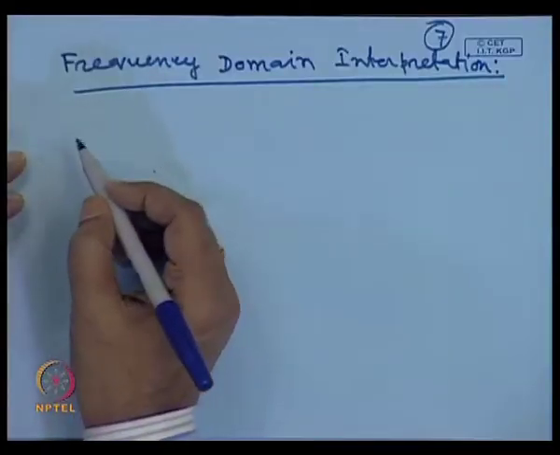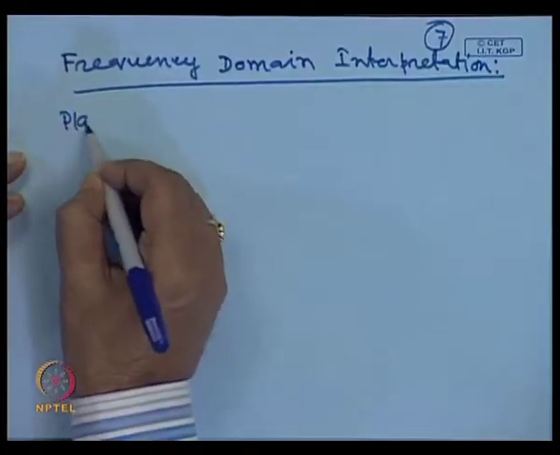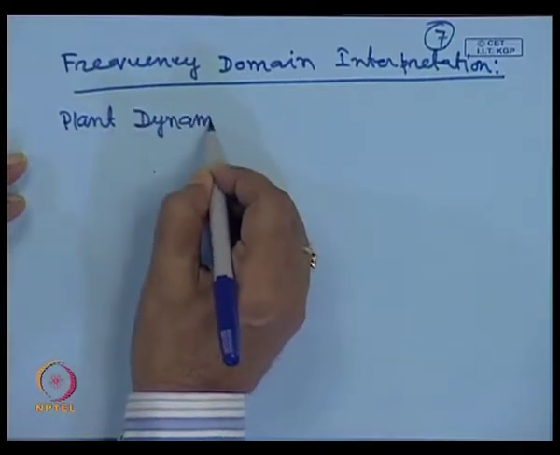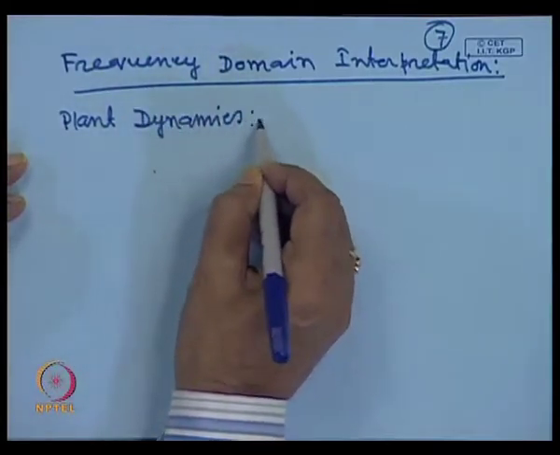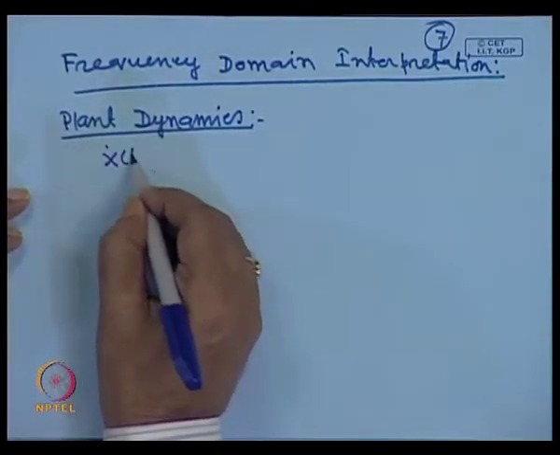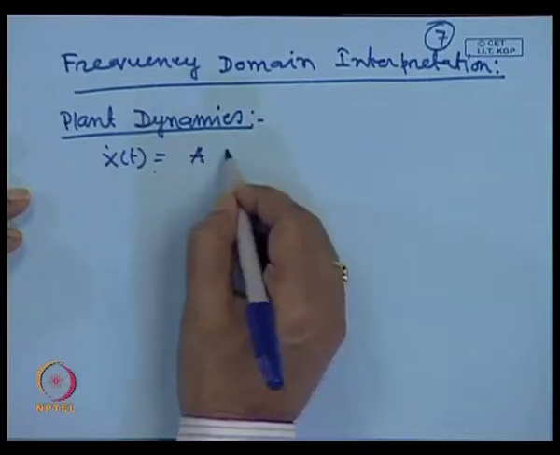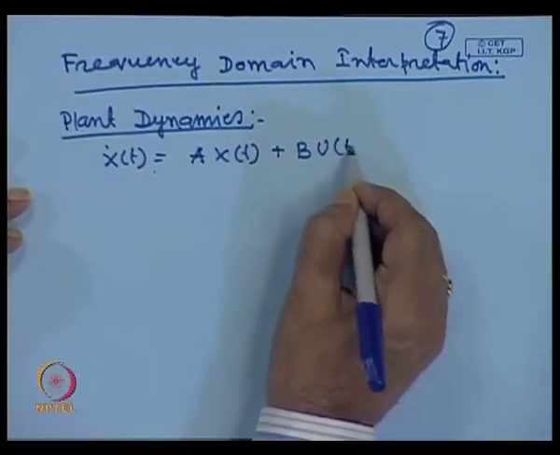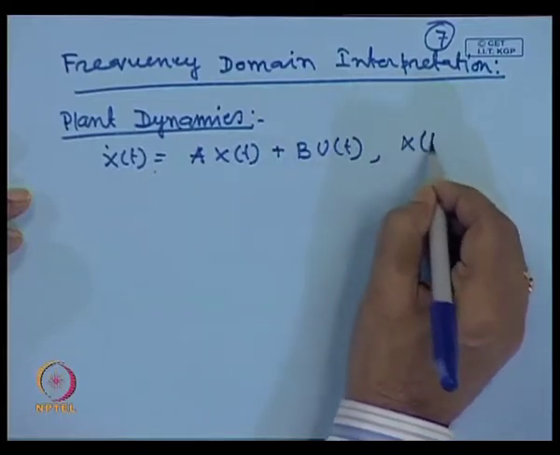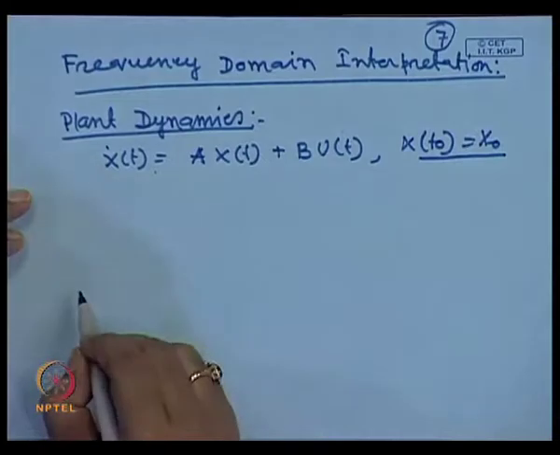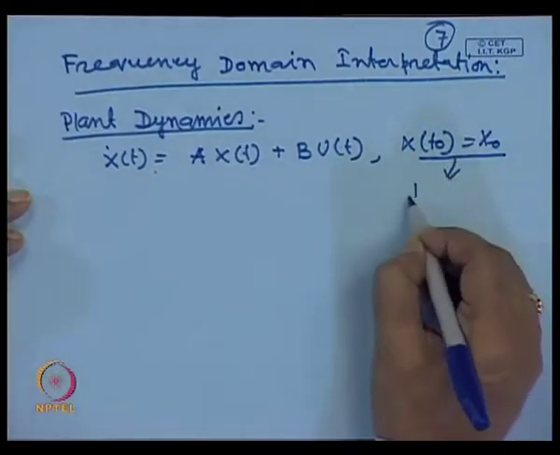So, let us consider our plant dynamics x dot is equal to A x of t plus B u of t, with x of 0 as the initial condition.